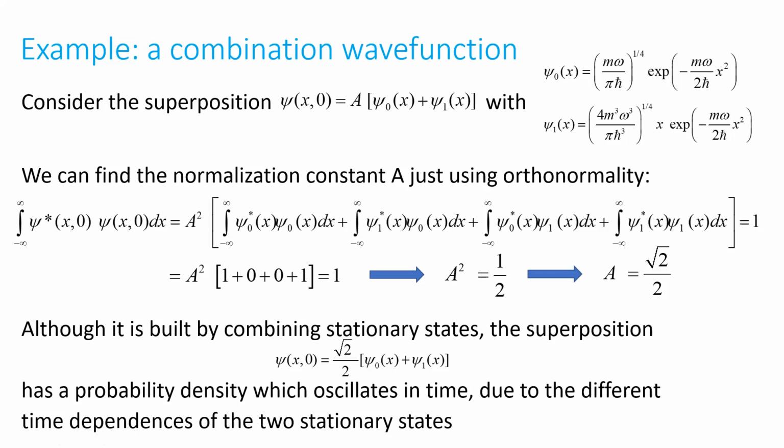Okay, to very quickly sum up, this concludes our section on the harmonic oscillator. We've solved it using two methods, the ladder operators and the power series method. The ladder operators method is very nice and elegant and probably a little cleaner.